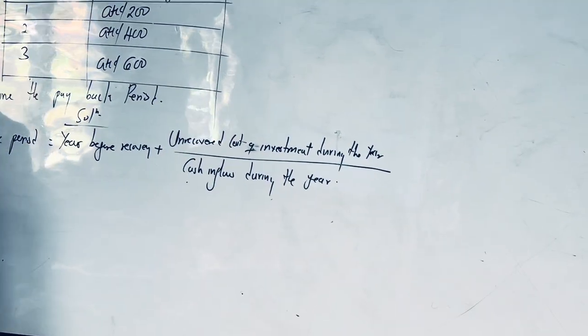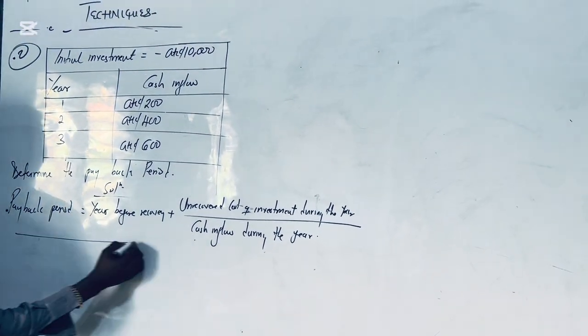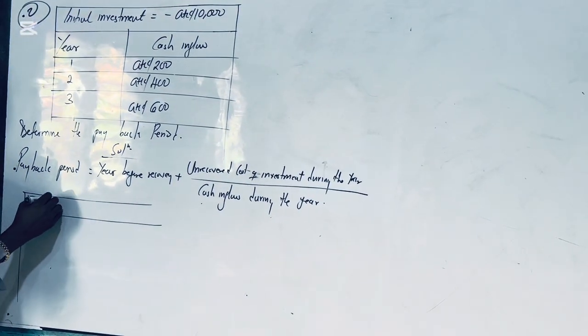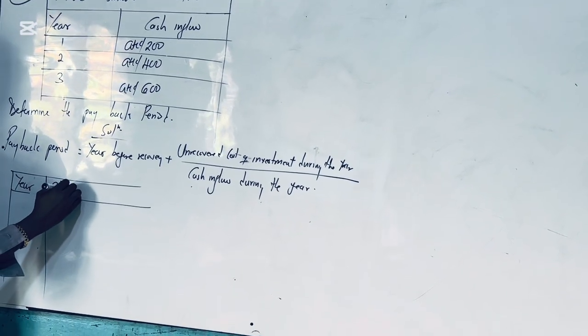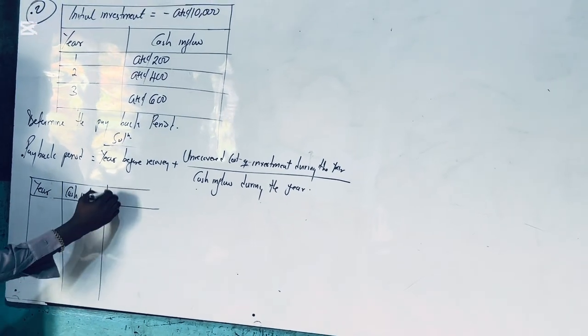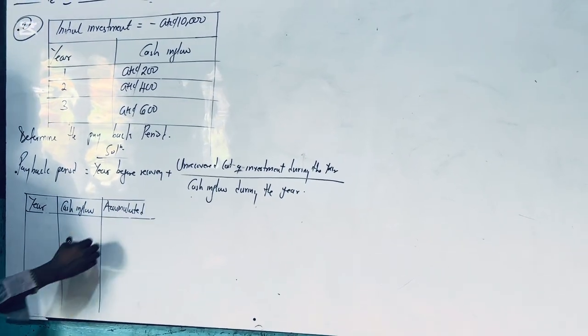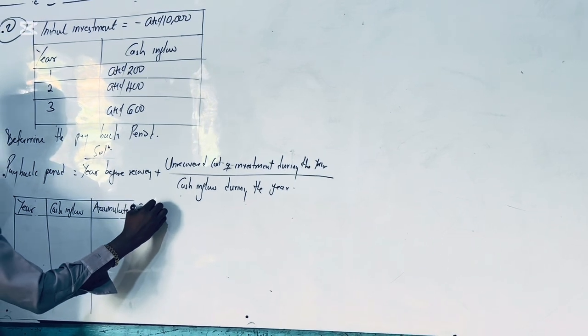Good. And I said when you are given unequal cash inflow, the first thing you do is to calculate your accumulated cash inflow. So we need another table where we have our cash inflow and then we have accumulated, or sometimes we call it cumulative, accumulated cash inflow.